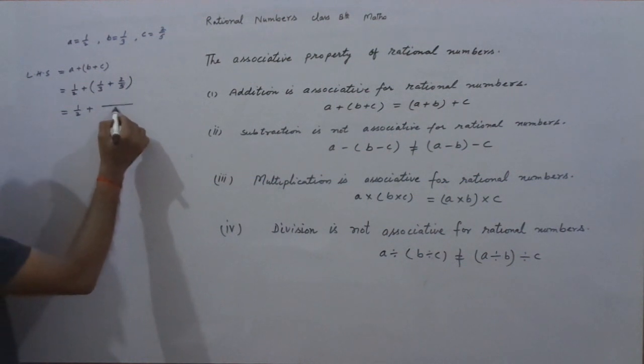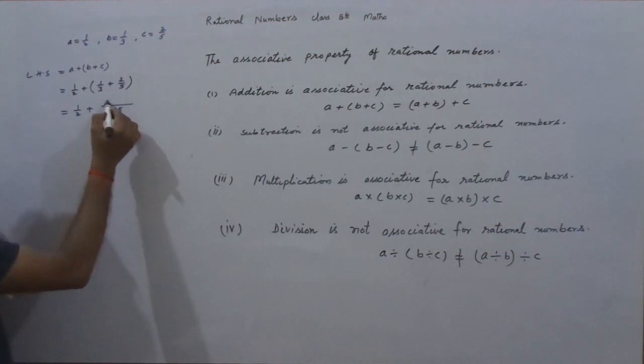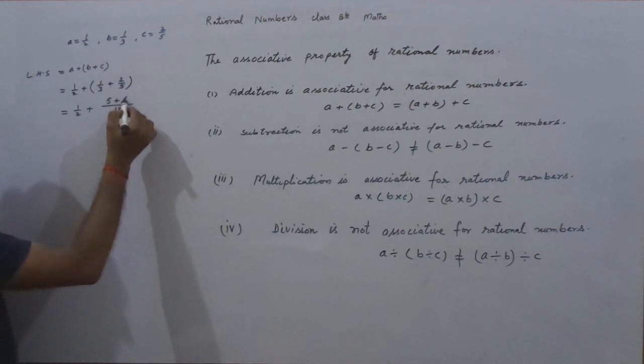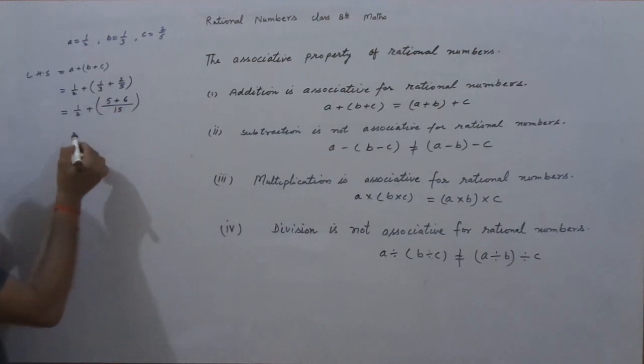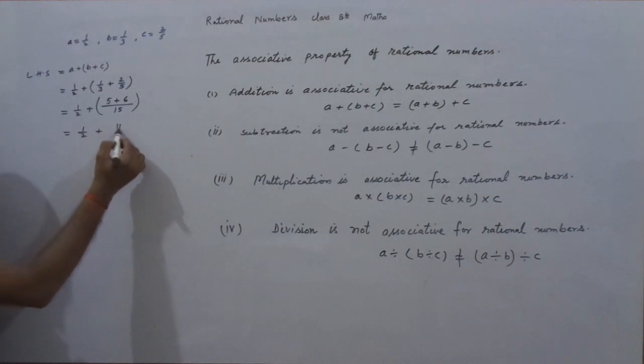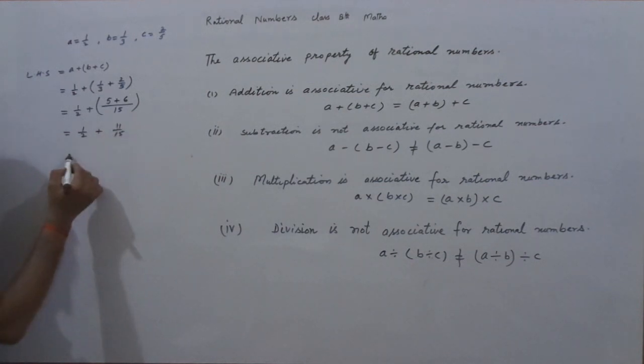Taking LCM of 3 and 5, we get 15. 3 times 5 is 15, 5 times 1 is 5. 5 times 3 is 15 and 3 is multiplied with 2, so 3 times 2 is 6. So we get 1 upon 2 plus 11 upon 15.